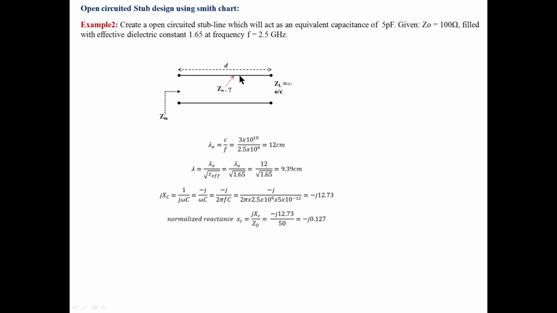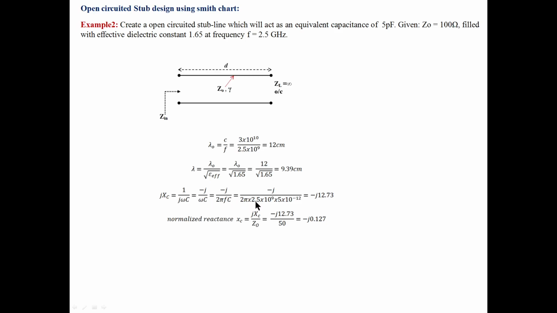To find that, using a Smith chart, we have to find the length of the line. So you should get the equivalent reactance. Reactance Xc is 1 by j omega C, or minus j by omega C, you can write.